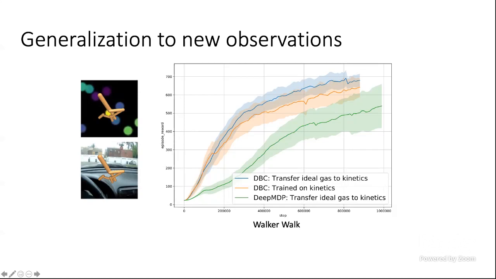We see that this transfer actually performs slightly better than DBC being trained and evaluated on the Kinetics data set. As another baseline, we also look at DeepMDP in the same transfer scenario, from ideal gas to Kinetics, and we see that our method performs best.